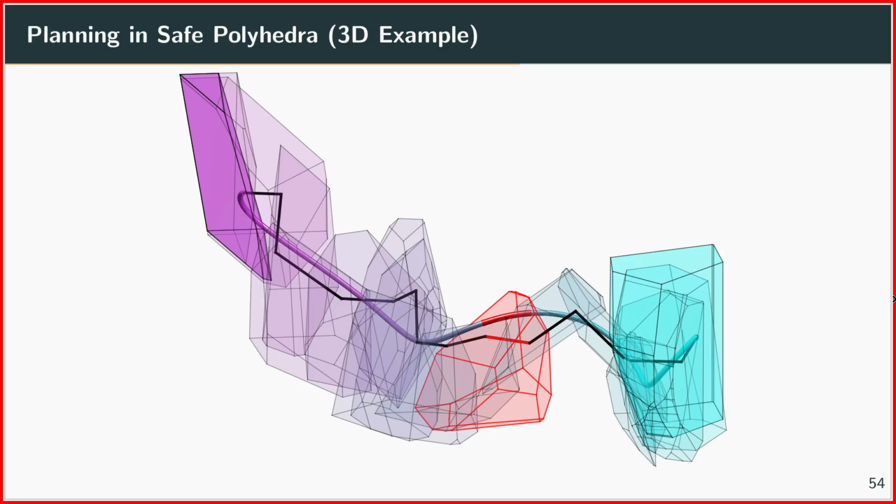And then in magenta you have a smooth Bezier curve, which is fitted over all the control points, and which is guaranteed to be inside of all the safe polyhedra here. And this is something which is very heavily used, for example, for planning with drones, or even planning with manipulator arms.